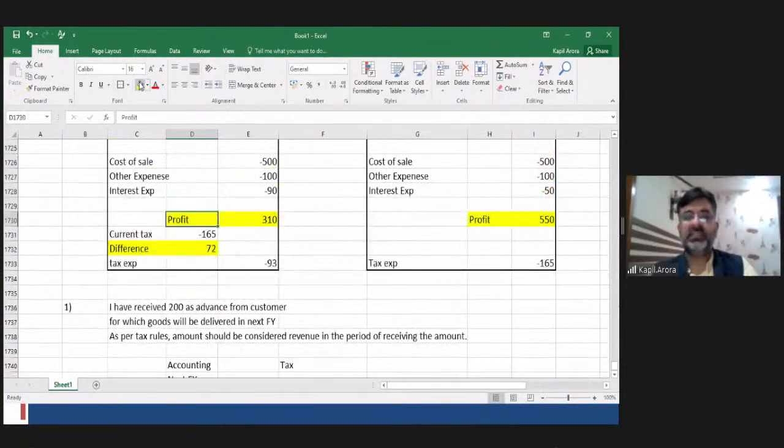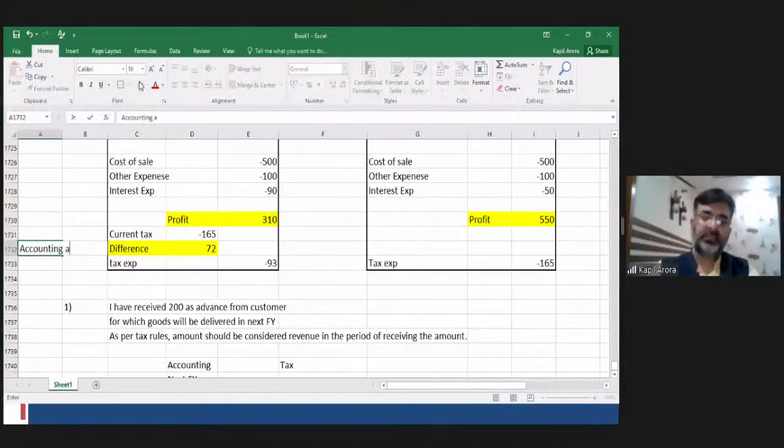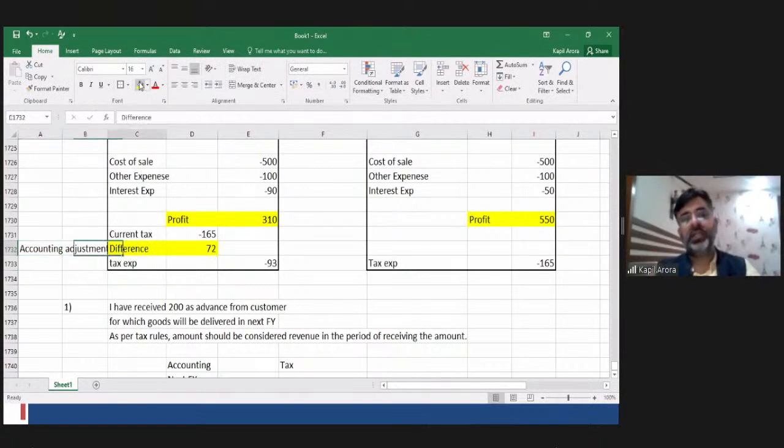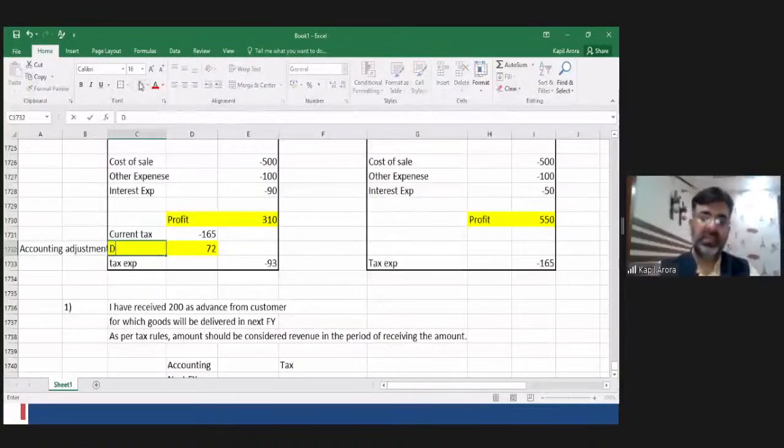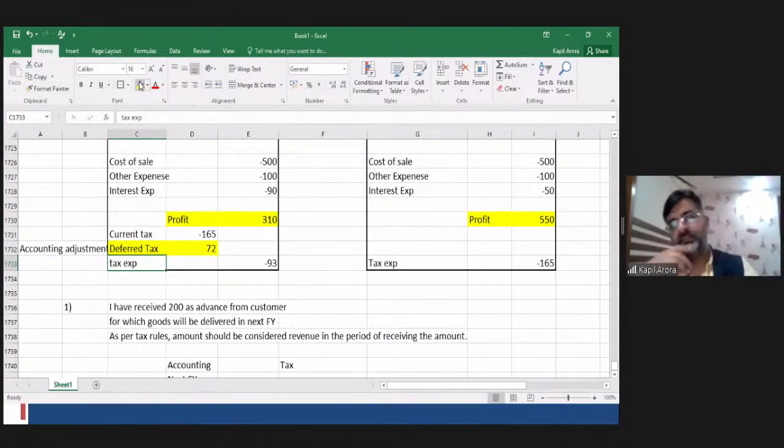This difference is nothing but the accounting adjustment, and it will be treated as deferred tax. If it is positive, it is a deferred tax income and will result in a deferred tax asset. If it is negative, it is a deferred tax expense and will result in a deferred tax liability. Does it make sense to everybody?